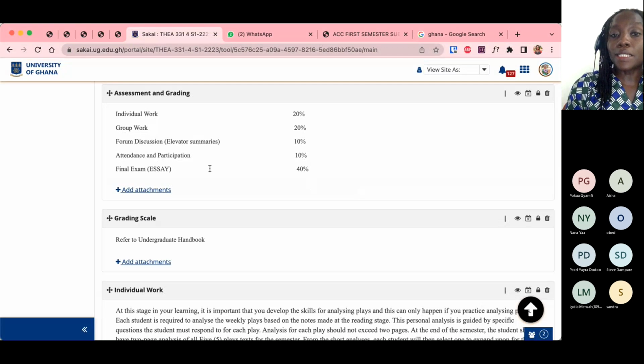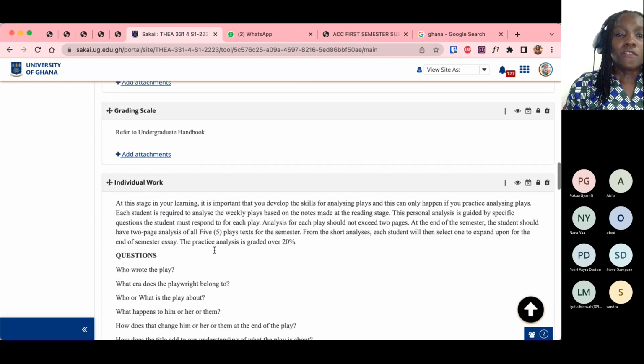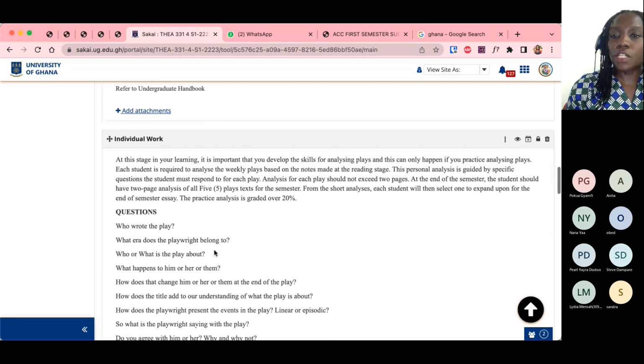And then attendance and participation constitutes 10%. Then you write a final essay, which constitutes 40%. The final essay is your final exam. For the grading scale, you should refer to your undergraduate handbook, knowing what mark gives you an A, what mark gives you a B plus, and all that.